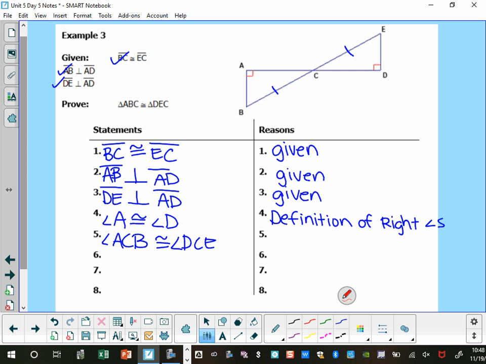It's angle C. So that means that AC is also congruent to DC. All right, so ACB is congruent to DCE. How do we know that? They're vertical angles. Vertical angles are congruent. I think you just have 6 steps here.